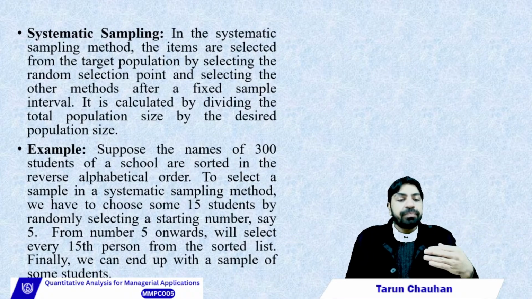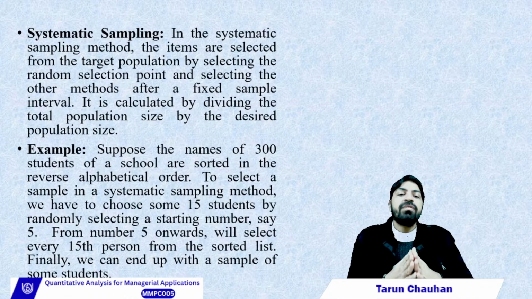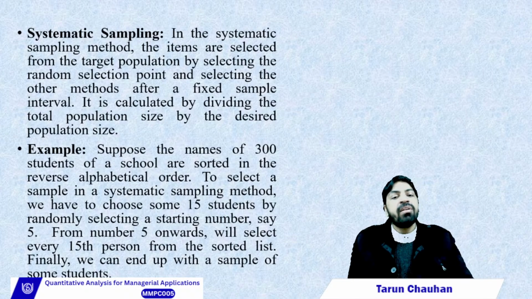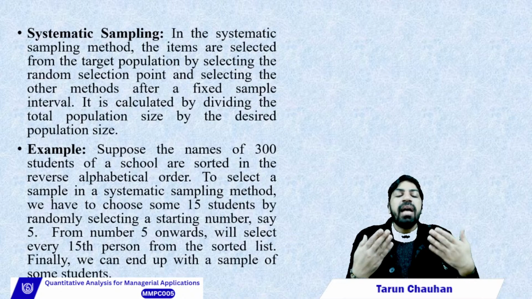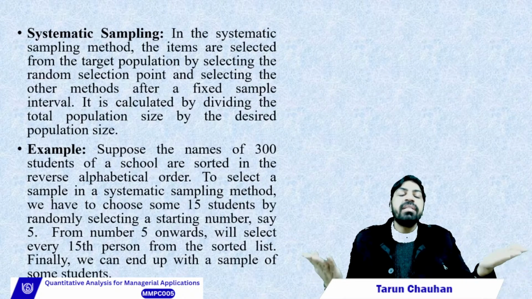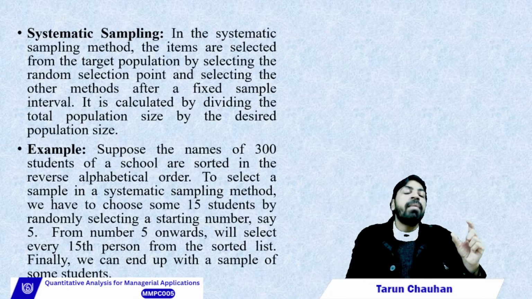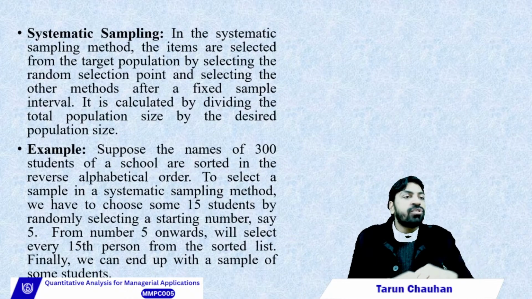But here, if we have to choose 15 students out of the 300 students, then we select based on the starting number and a difference which is common among all of the 300 students.